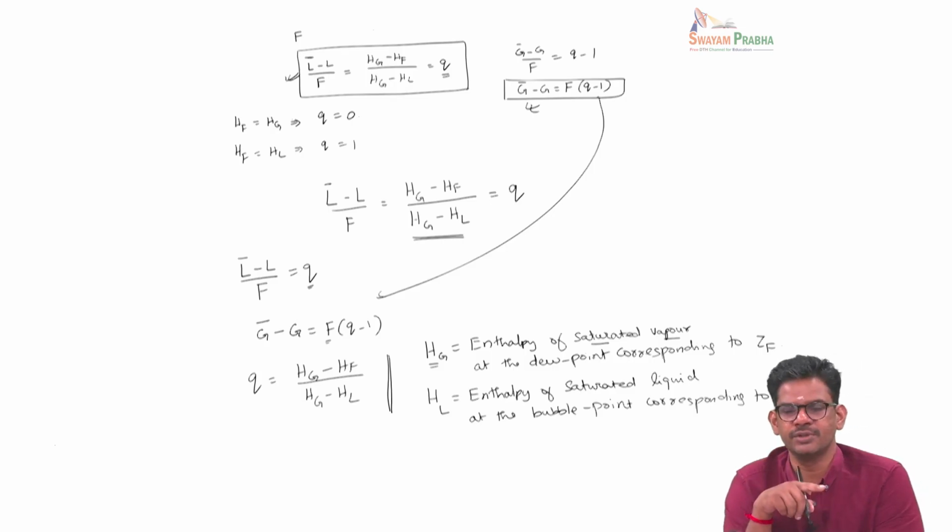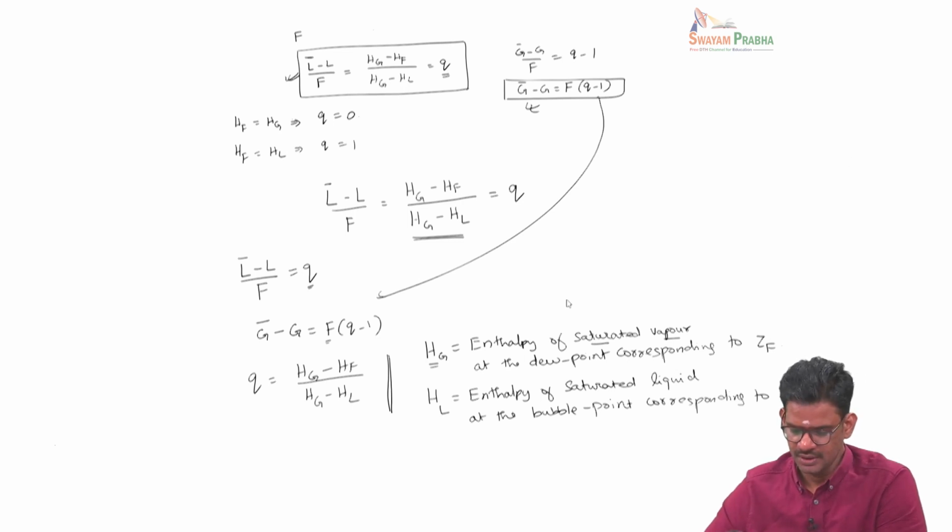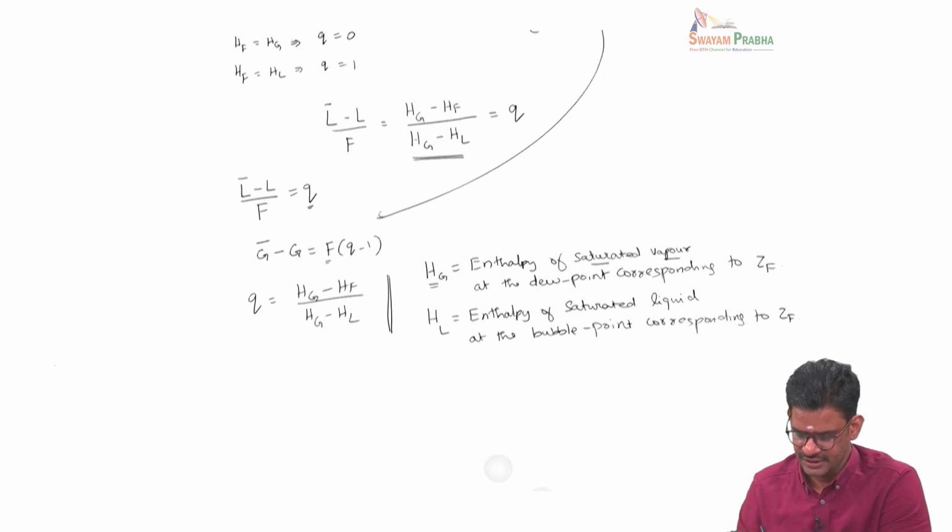So corresponding to the feed composition ZF, we need to find the bubble point. At that particular bubble point, the enthalpy of the saturated liquid is HL. Whereas HF is the enthalpy of the feed.